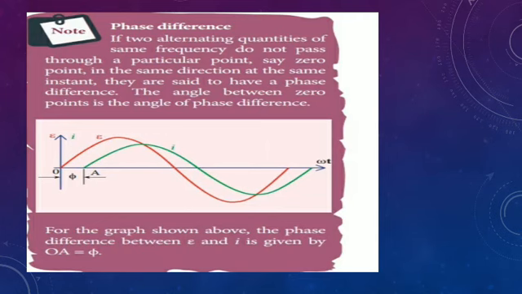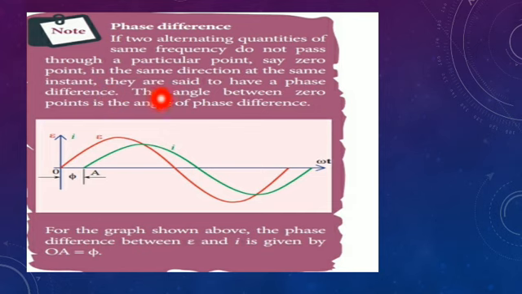Now see the phase difference. E is nothing but the induced EMF, and I is nothing but the induced current. If two alternating quantities of the same frequency do not pass through a particular zero point in the same direction at the same instant, they are said to have a phase difference.